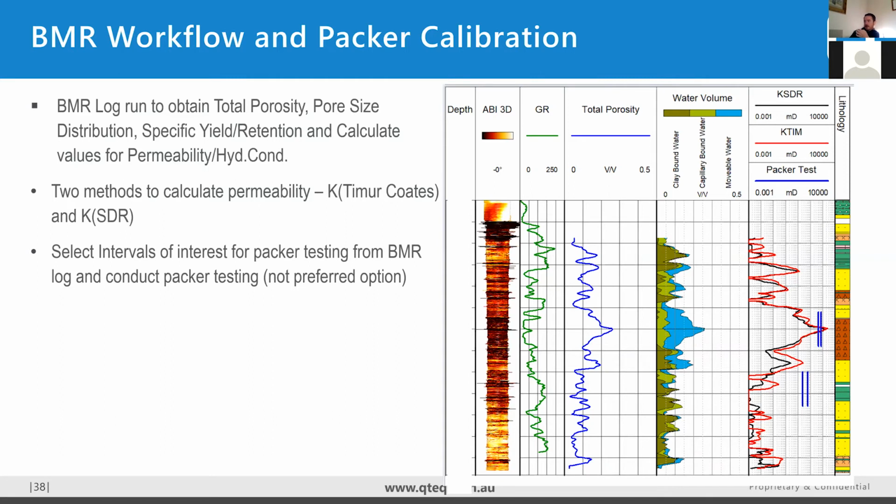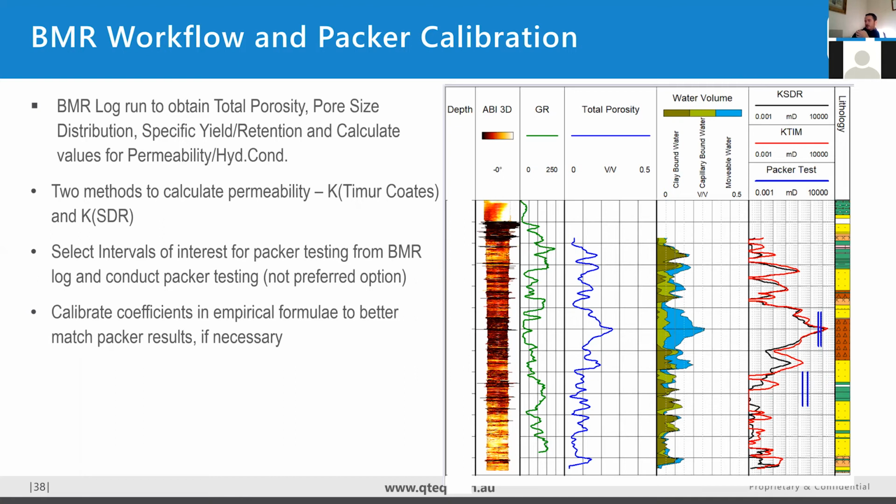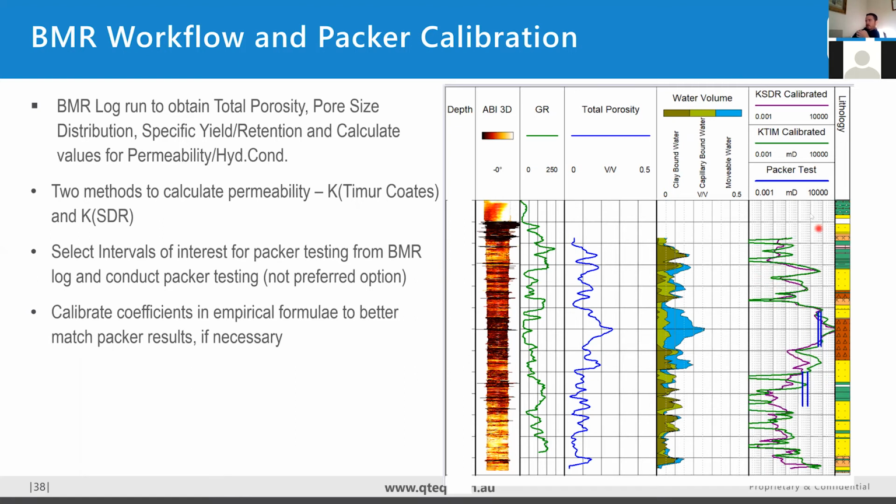They then conducted their packer tests in those areas. And this was a long ongoing project. So we went through and did a basic calibration to bring our hydraulic conductivity curves up to match what their packer test results were.